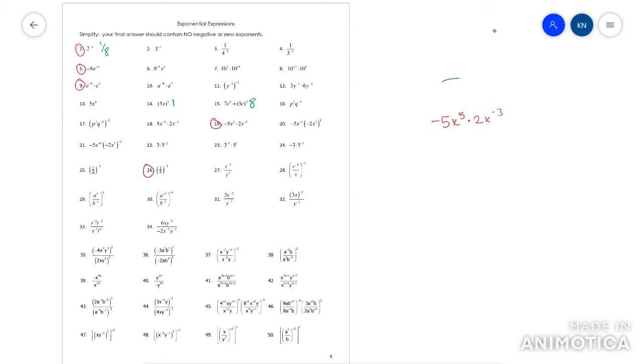Okay, realize that the -5 and the 2 have the exponent 1. And so these numbers you just multiply, -10. And then these exponents you are adding, so x^2.